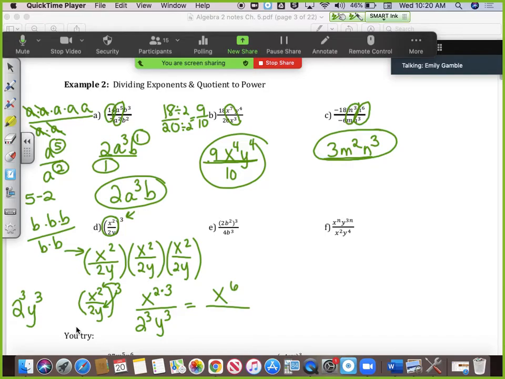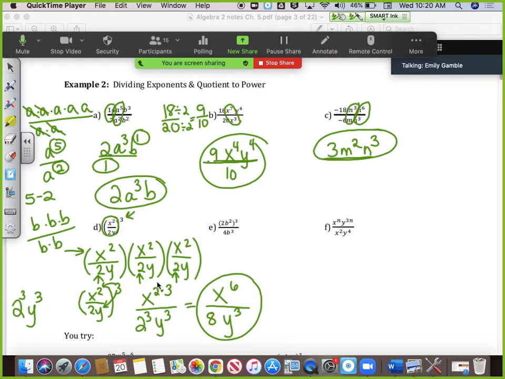And 2 to the third power is 2 times 2 times 2, that's equal to 8, and y to the third power would just be y to the third power. This final thing is x to the 6th power over 8y to the third power.